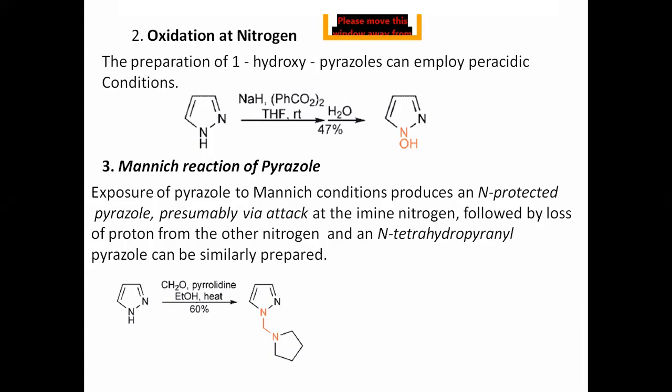Heat it, and you will find that at this reactive site the Mannich product will form. Very important. So we can say this is a nitrogen-protected pyrazole product. See, nitrogen is protected. Now, one more example.